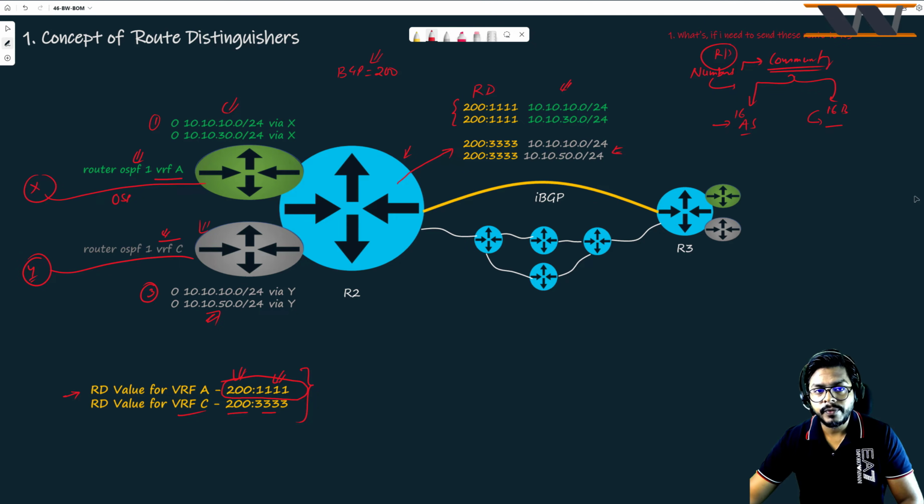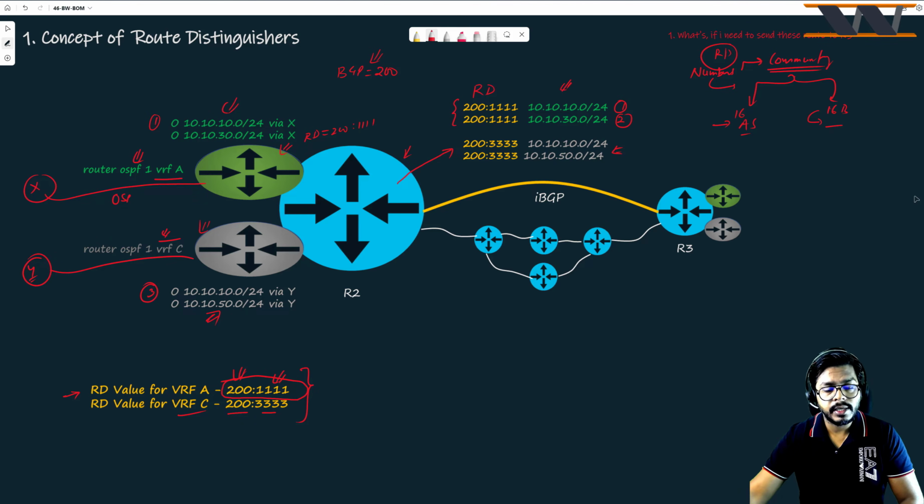So at the front of all the routes from the green VRF, we have put 200:1111, right? Route number 1 has 200:1111. Route number 2 also has 200:1111. Why? Because we have defined in this VRF that the RD value is 200:1111.